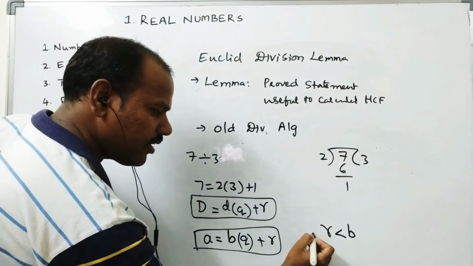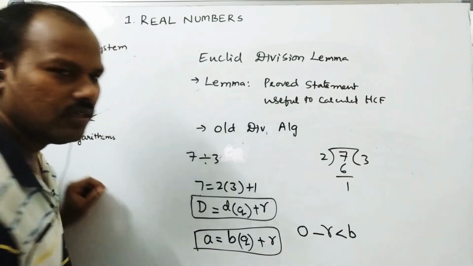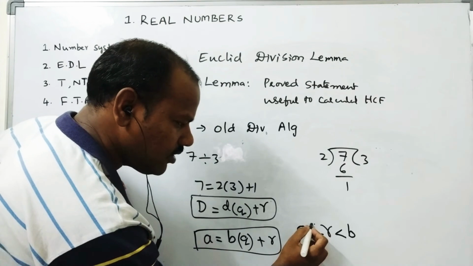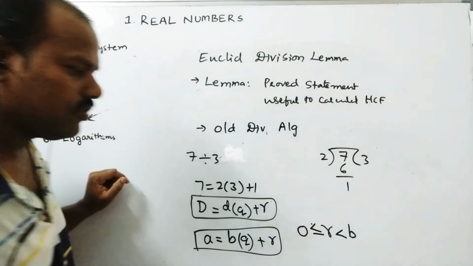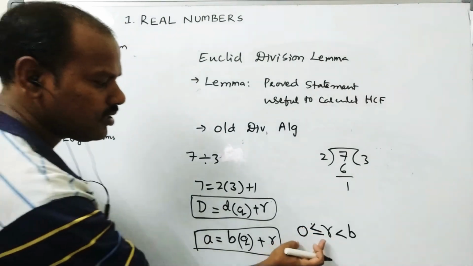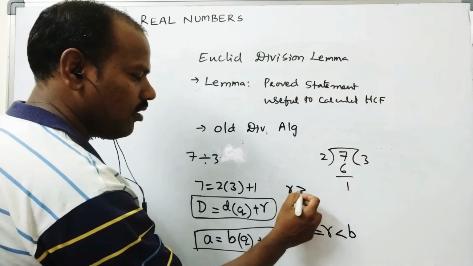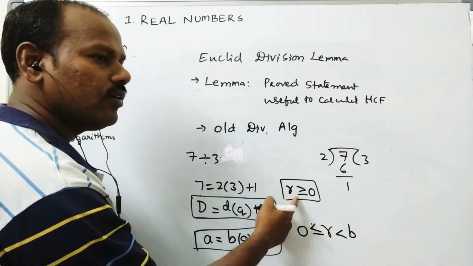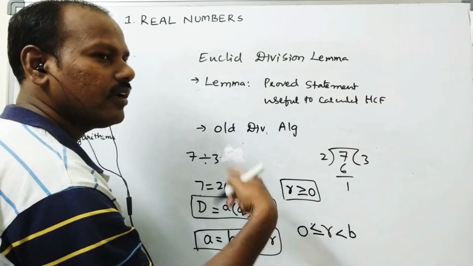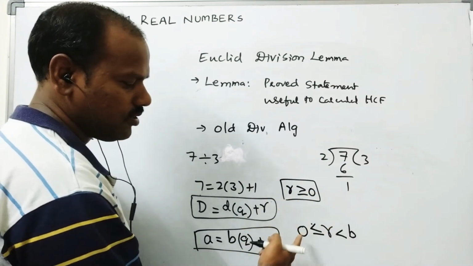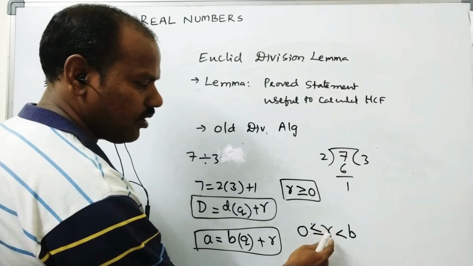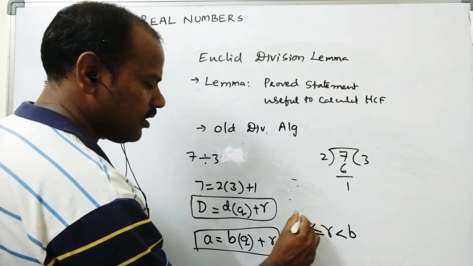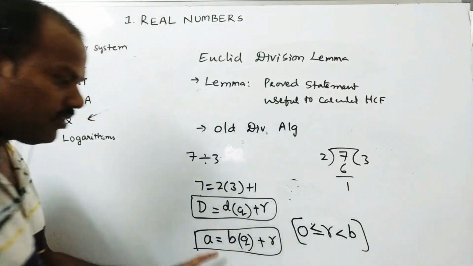And the remainder can be 0, or greater than 0, so the remainder is greater than or equal to 0. That means you can get 0 or you can get a positive number. And the remainder should be less than the divisor. So this is called Euclid division lemma.